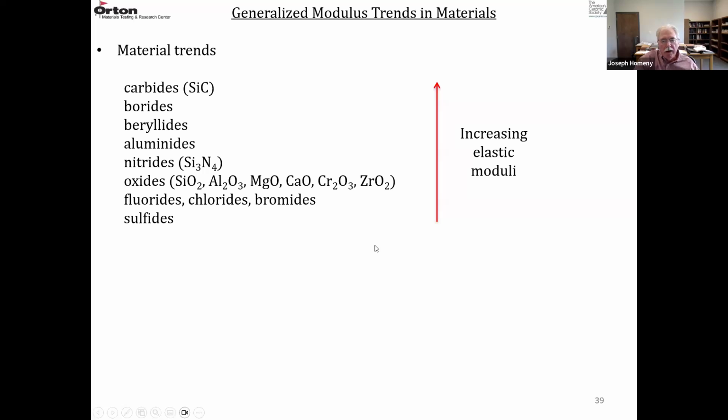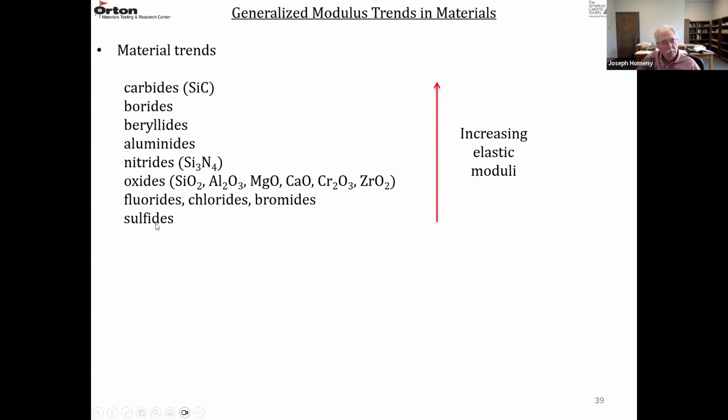So if we try to rank the refractory materials with other materials, silicon carbide is a refractory material, silicon nitride is a refractory material, and then our oxides, our metal oxygen combinations, SiO2, Al2O3, MgO, CaO, Cr2O3, and ZrO2. These 6 oxides make up most of the refractory materials in combination with silicon nitride, silicon carbide, and carbon.